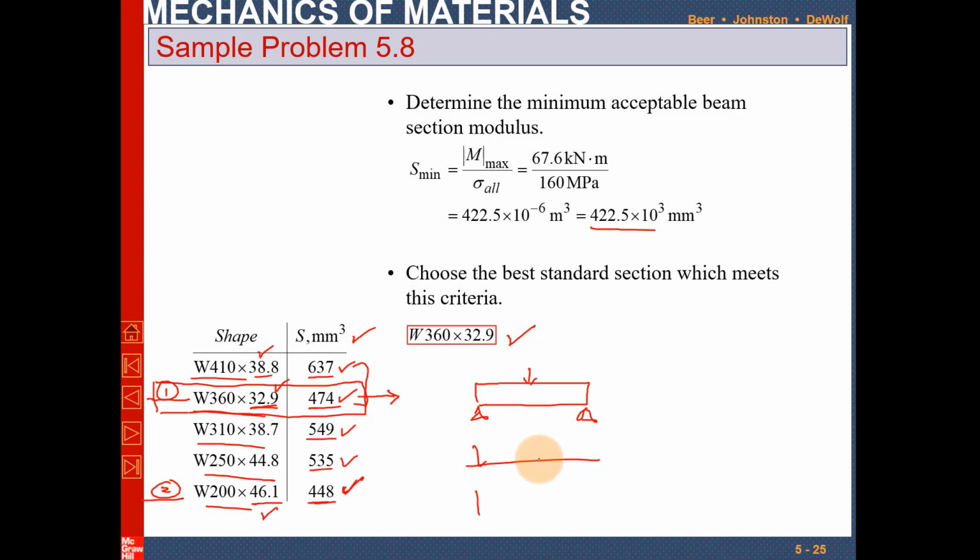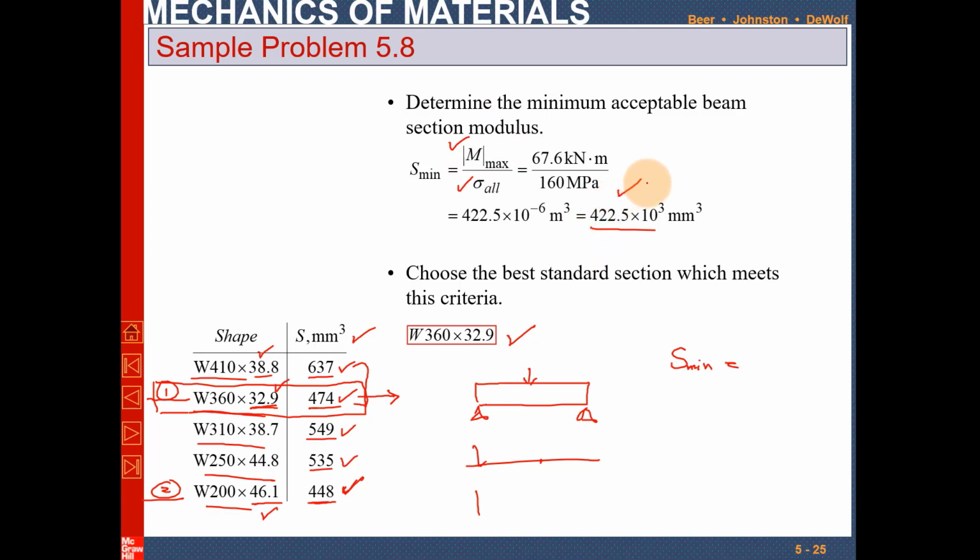At that point the maximum bending moment will occur. We have to find the maximum bending moment, and then the minimum section modulus is equal to the maximum bending moment divided by the allowable stress.